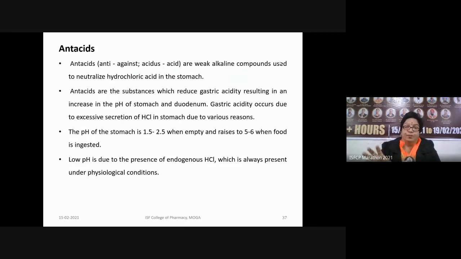So the pH of the stomach is 1.5 to 2.5 when empty, and it rises to 5.6 when food is ingested. जैसे खाना आया, it starts doing its work. Low pH is due to the presence of endogenous HCl, which is always present under normal physiological conditions. It is always there, endogenous and inbuilt.